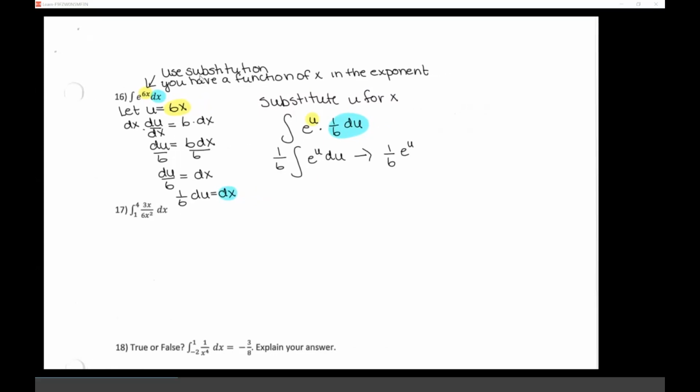The integral of e to the u is e to the u, and I need the plus C. The last step is substitute x back, and that gives me 1/6 e to the 6x plus C. Anybody questions on 16?